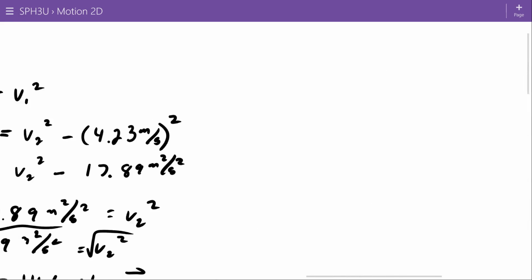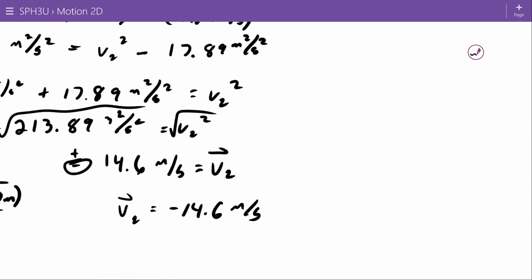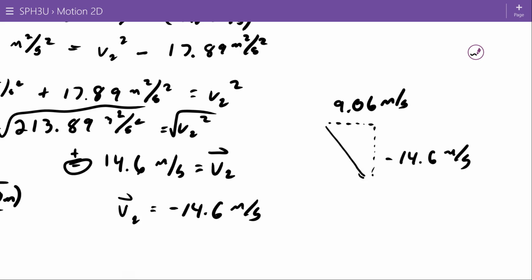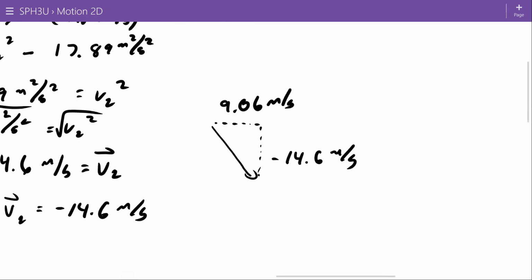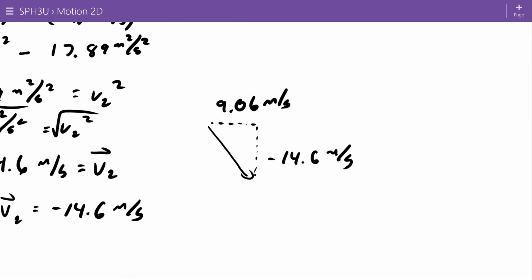So if I'm going 9.06 meters per second because it's constant horizontally, and negative 14.6 meters per second down as it's accelerated, I can get the impact velocity.